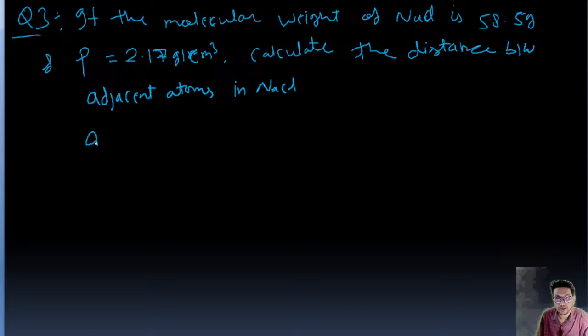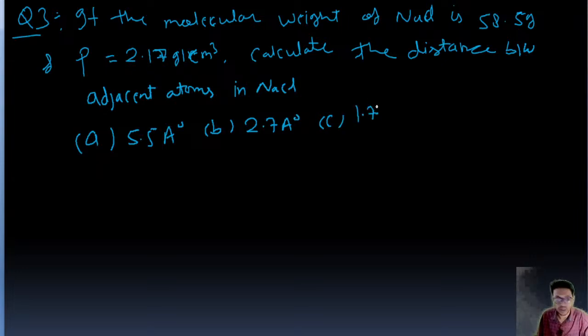Option A is 5.5 angstrom, option B is 2.7 angstrom, option C is 1.7 angstrom, and option D is 6.5 angstrom.